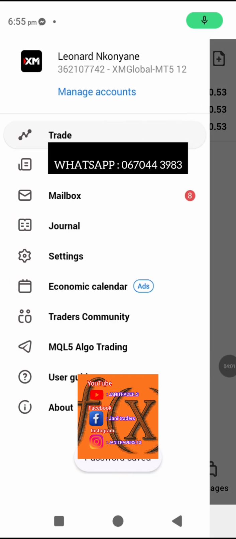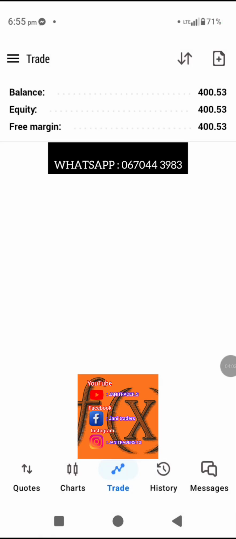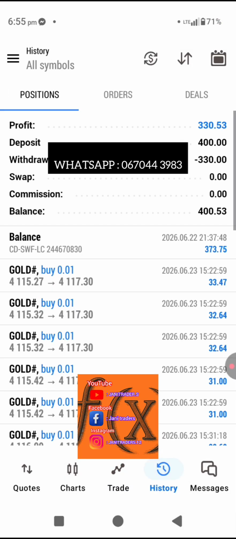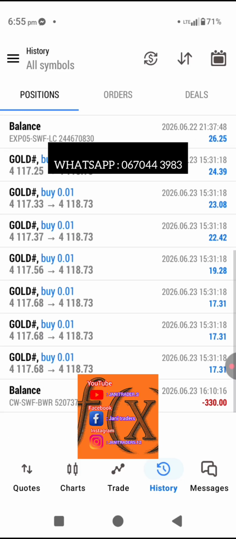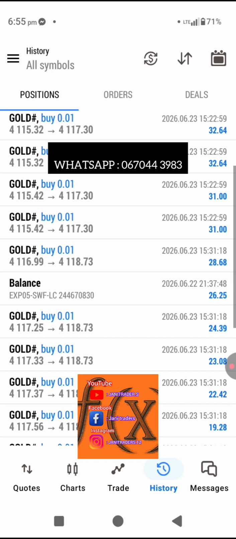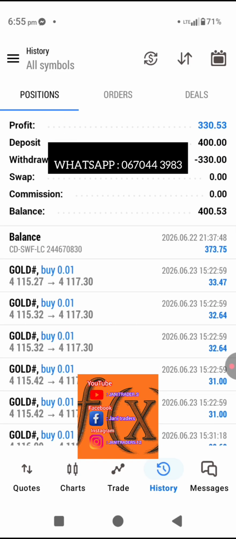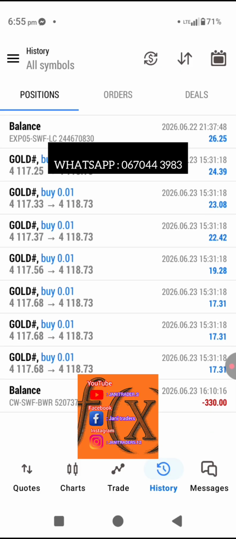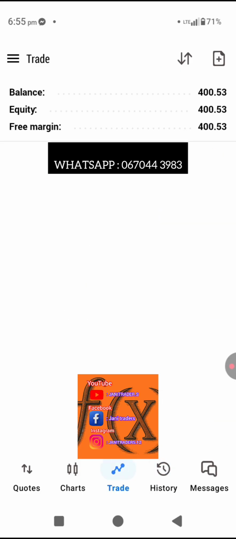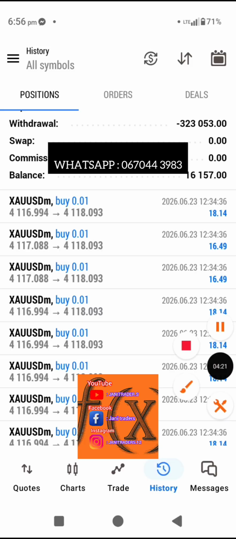So as you can see, you can really make money. You just have to have a good strategy. Just traded 1 day on this one, no loss, and took out 330 quick cash. You just need to have the right strategy.